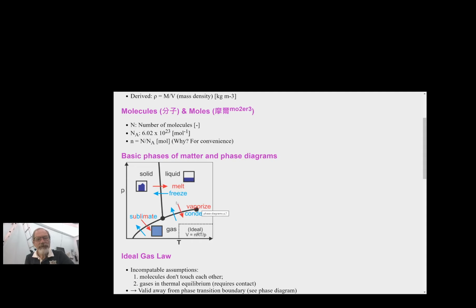If a liquid becomes a gas, we say it vaporizes. Now, if a gas becomes a solid, we say it sublimates. If a solid becomes a gas, we also say it sublimates. Yes, English is a crazy language. To say that a solid sublimates to a gas and a gas sublimates to a solid doesn't really make too much sense.